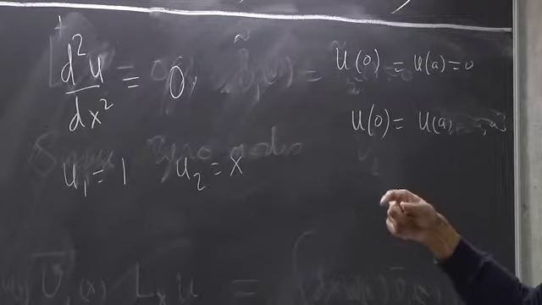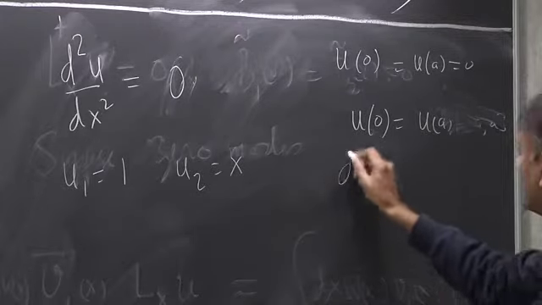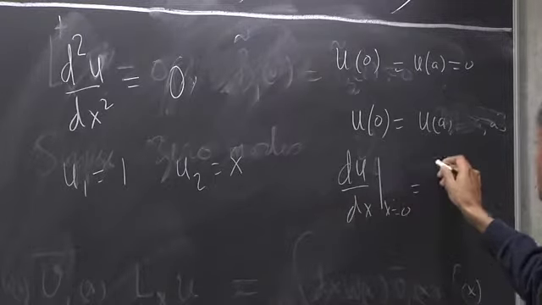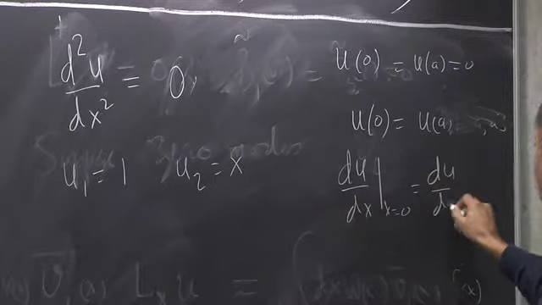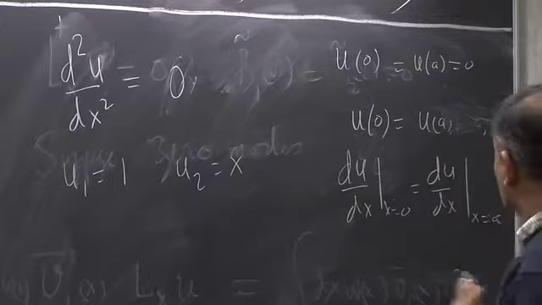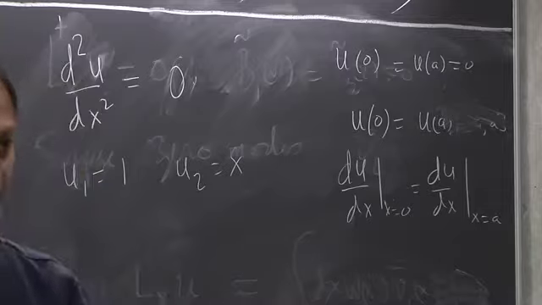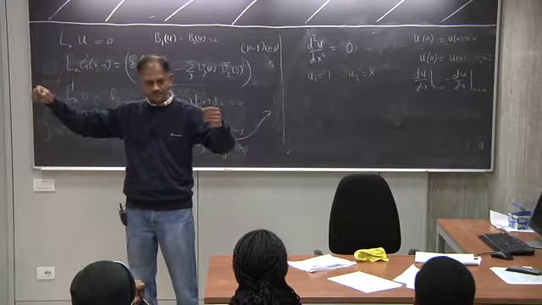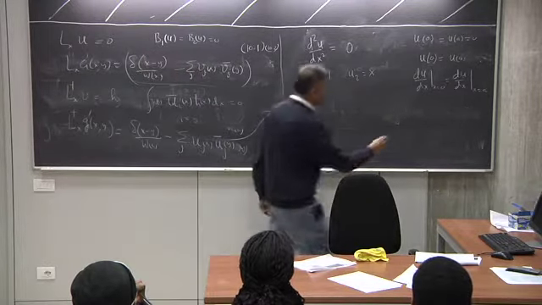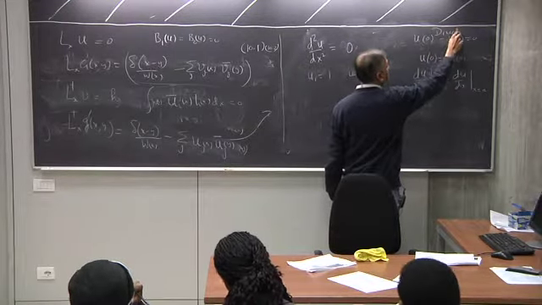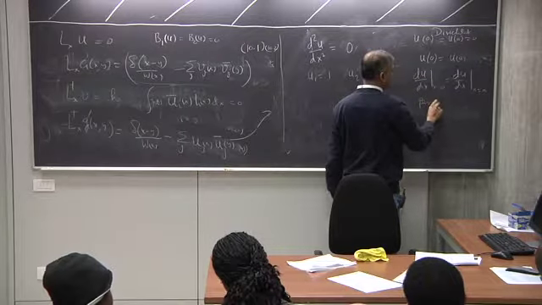We need two boundary conditions, right? So for the second boundary condition, I take du by dx at x equal to 0 equal to du by dx at x equal to a. So both the function and its derivative are periodic in the interval, I mean, at the two endpoints. So this is what's called the periodic boundary conditions. This was Dirichlet, and this is periodic.